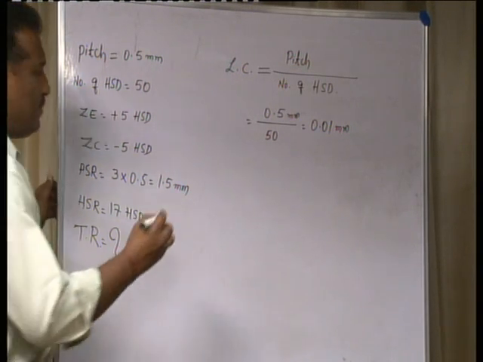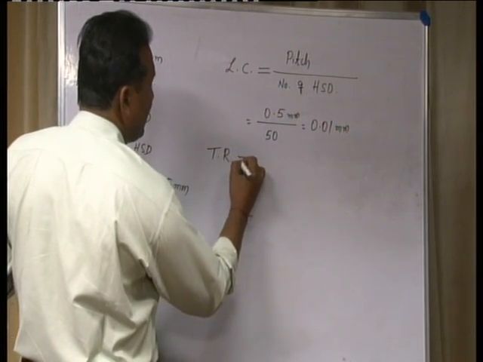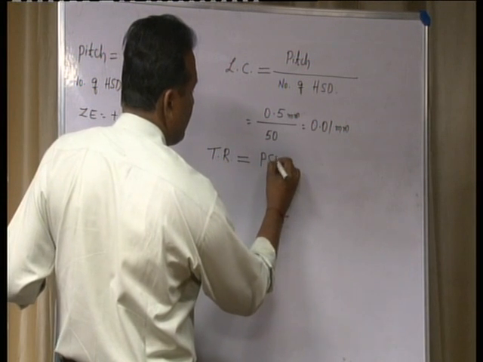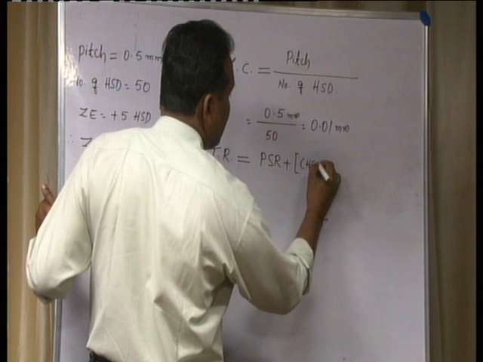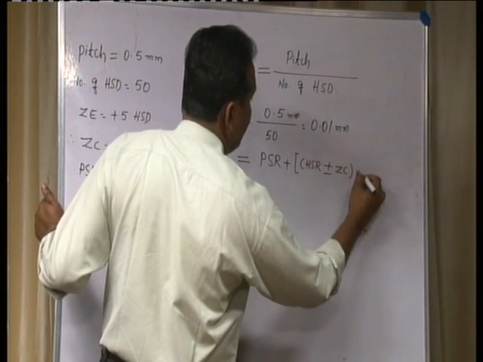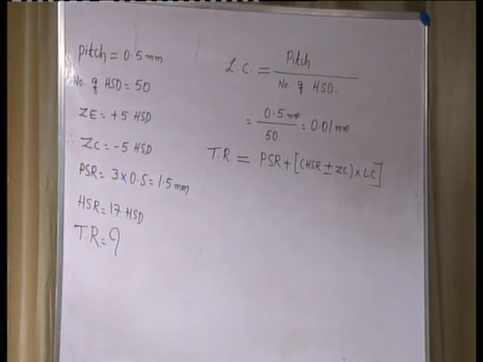Now, the diameter of that wire is calculated by writing the total reading of that screw gauge. It is PSR plus HSR plus or minus ZC into LC is the equation used to find the total reading.